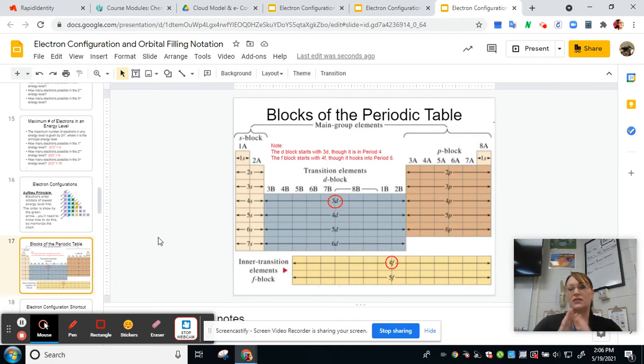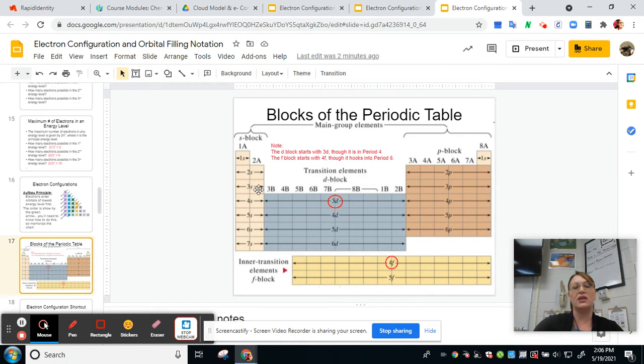Okay, all of these also correspond to the periodic table. So on the periodic table, if an element is an alkali metal or an alkali earth metal, including hydrogen, it's in what we call the S block. So these first two columns here are the S block. And what that tells me is the ending sublevel. What is the maximum sublevel that could be full? So let's look at calcium.